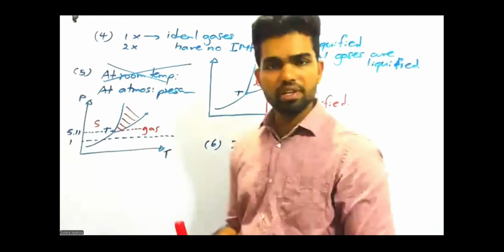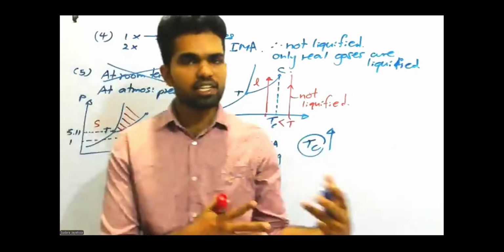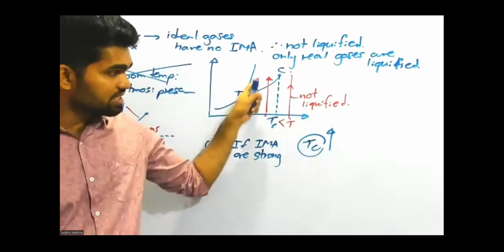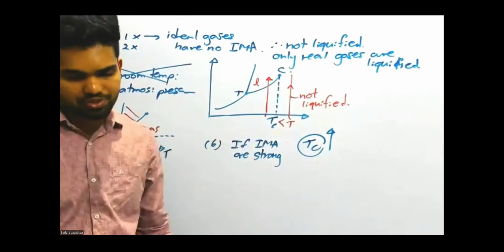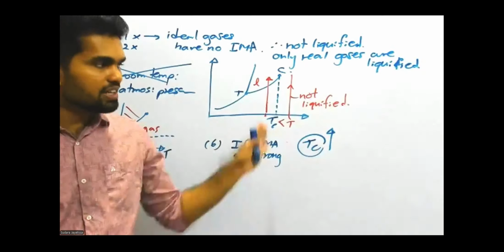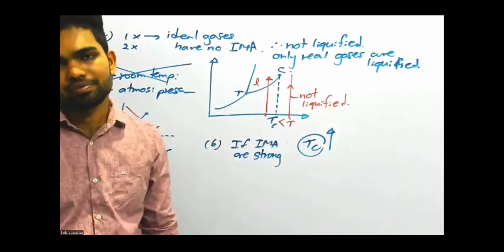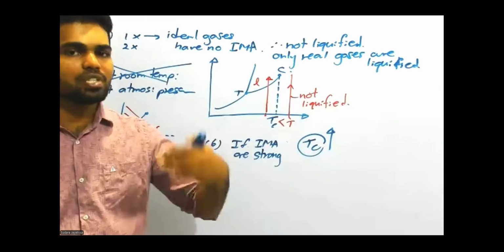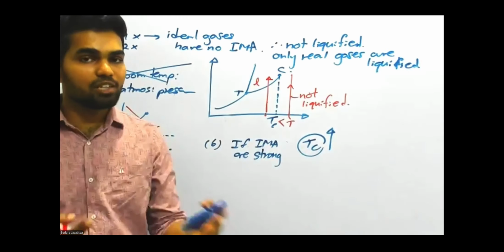Just don't memorize everything, try to understand. If you have a higher critical temperature, that means liquid-gas equilibrium can exist over a longer temperature range. That means even at a higher temperature, you can compress it and make it into a liquid. That is the idea. So the attraction force is supposed to be stronger, isn't it? Just think about that one.